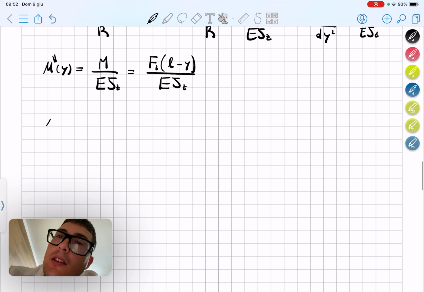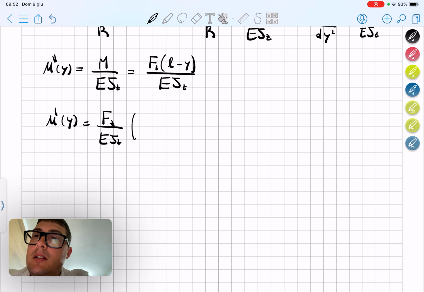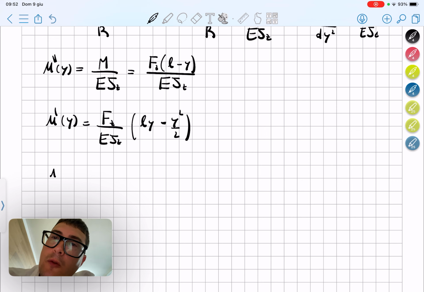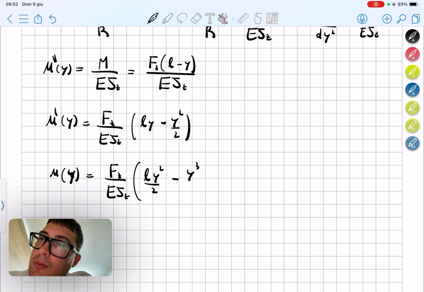So we integrate this and we get F of z divided by EJz, and we have Ly minus y squared over 2. And if we integrate again, u of y is F of z over EJz times Ly squared over 2 minus y to the cube over 6.